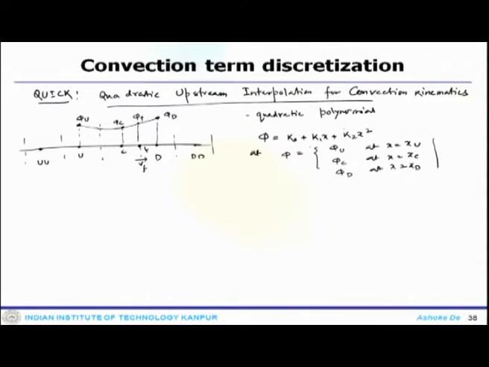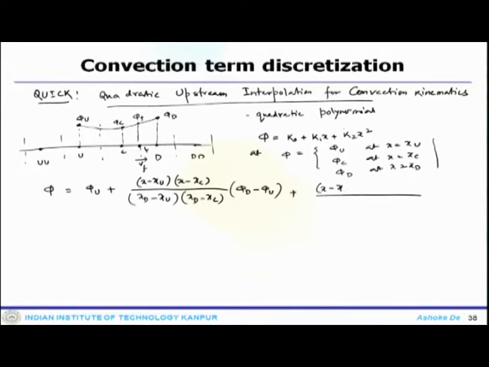If you put this back and solve it, what one gets is phi equals phi u plus (x minus x u)(x minus x c) divided by (x d minus x u)(x d minus x c) multiplied with (phi d minus phi u), plus (x minus x u)(x minus x d) divided by (x c minus x u)(x c minus x d) multiplied with (phi c minus phi u).